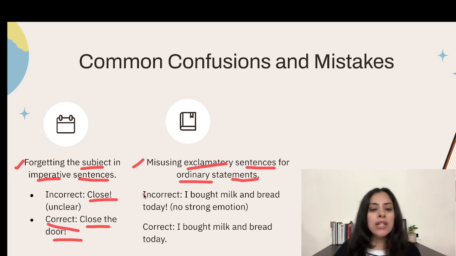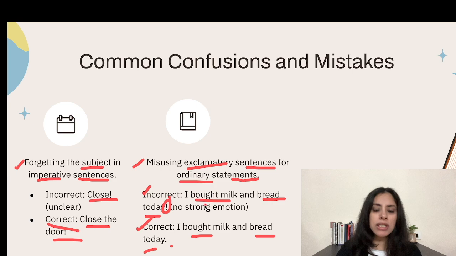For example, "I bought milk and bread today!" Now that's regular information and we don't want an exclamation mark over here. So the correct one would be "I bought milk and bread today." with a period. So it's actually a declarative sentence. If you mess up the punctuation, it's neither a declarative sentence nor an exclamatory sentence. Okay, so be careful about it.